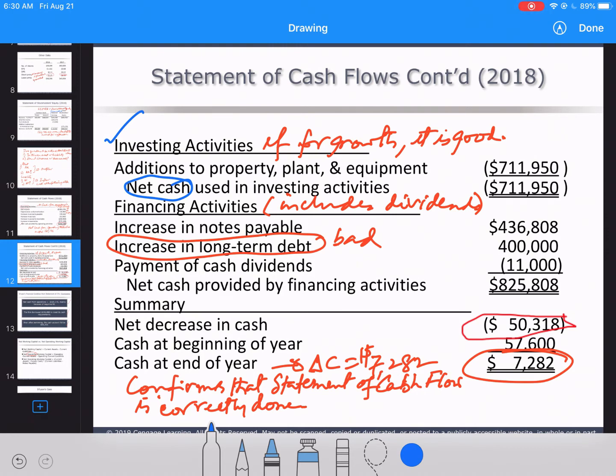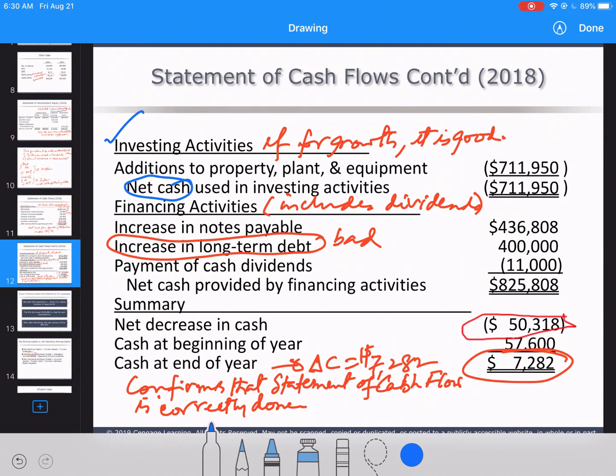Financing is, you have to say how the financing takes place. Is it from short-term loans from the bank, or is it from long-term debt? In this case, we see the large numbers are coming from short-term as well as long-term. We only have three activities that we sort things out: operating, investing, and financing.